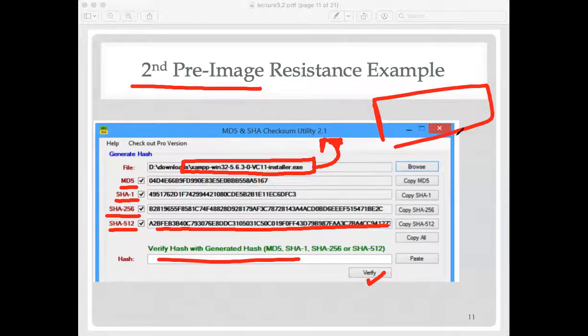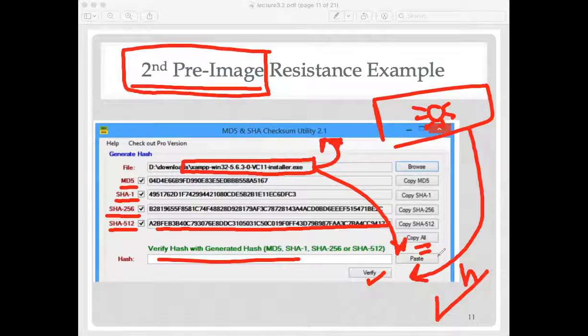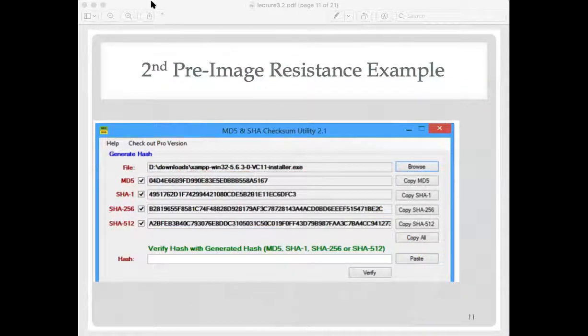And if he has a way to change this to a new file and add a piece of malware to it, right? If he has a way to find a hash where it matches the hash of the original file, it breaks the second pre-image resistance, and it breaks the security that I wanted to protect against the integrity and someone manipulating the file.